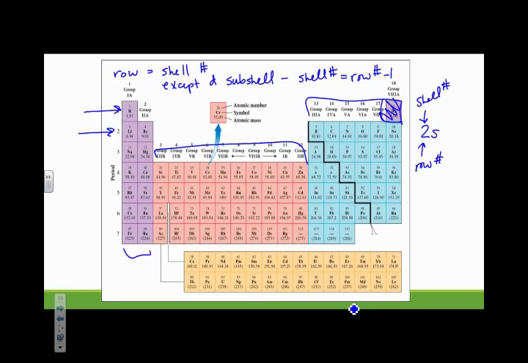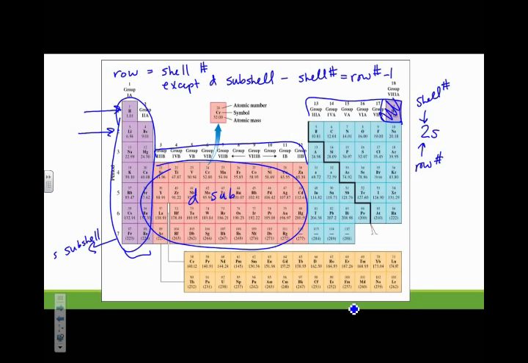The columns of the periodic table, and this one is really handy because it has color-coded them. These purple columns we know are the S subshell. These pink columns are the D subshell. The blue ones here at the end are the P subshell.